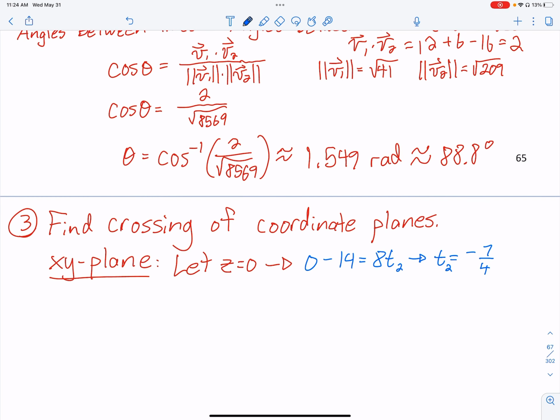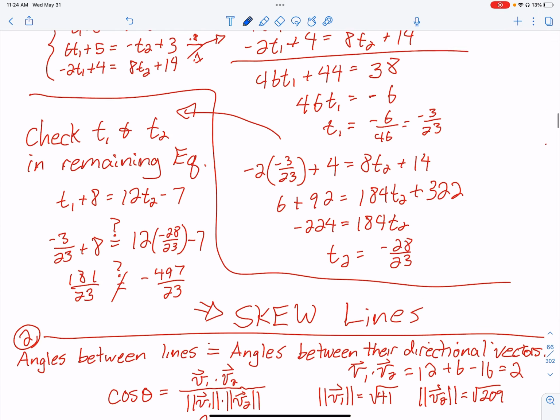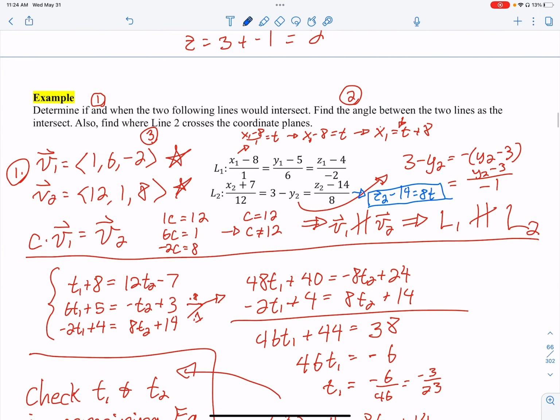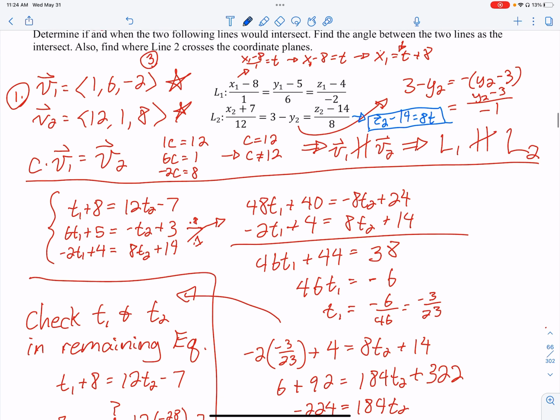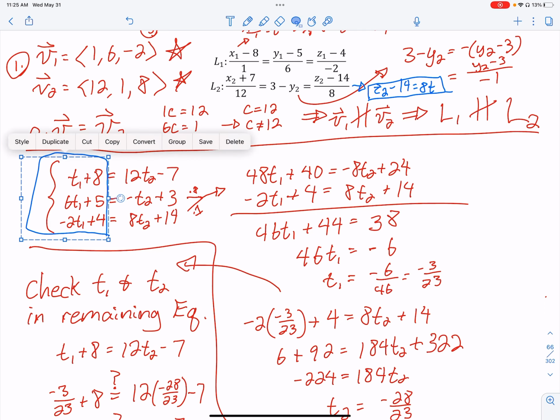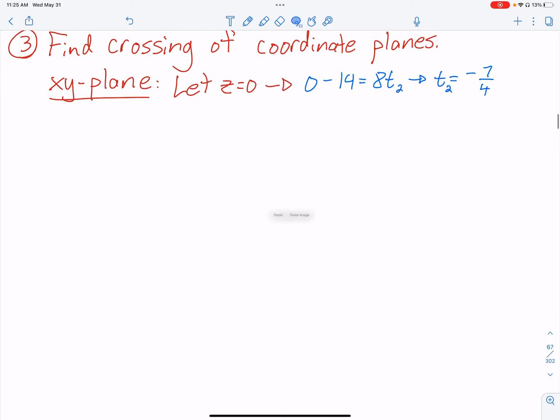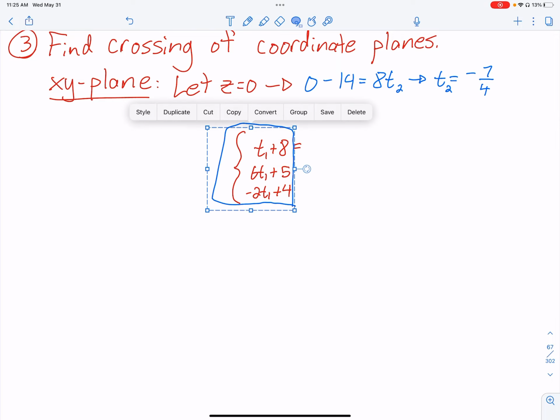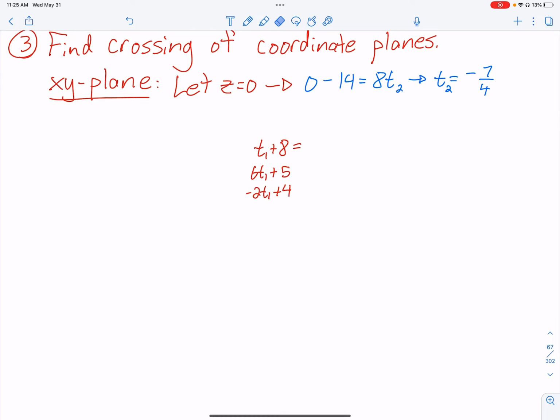So I just plug in all those now for my equation for L2. Let's rewrite these equations real quick. They're right here, I think. Yep. I'm going to copy this and bring it down so I can quit scrolling. There we go. So these are what we came up with earlier.